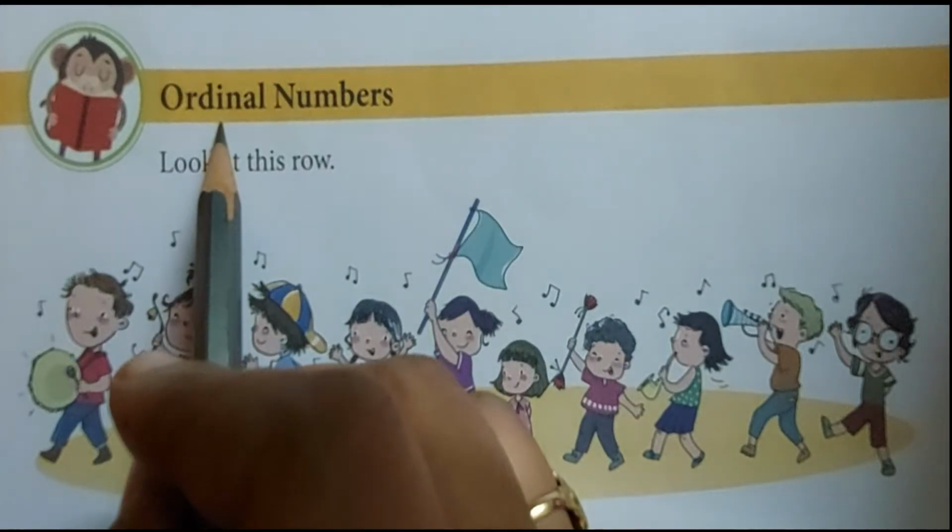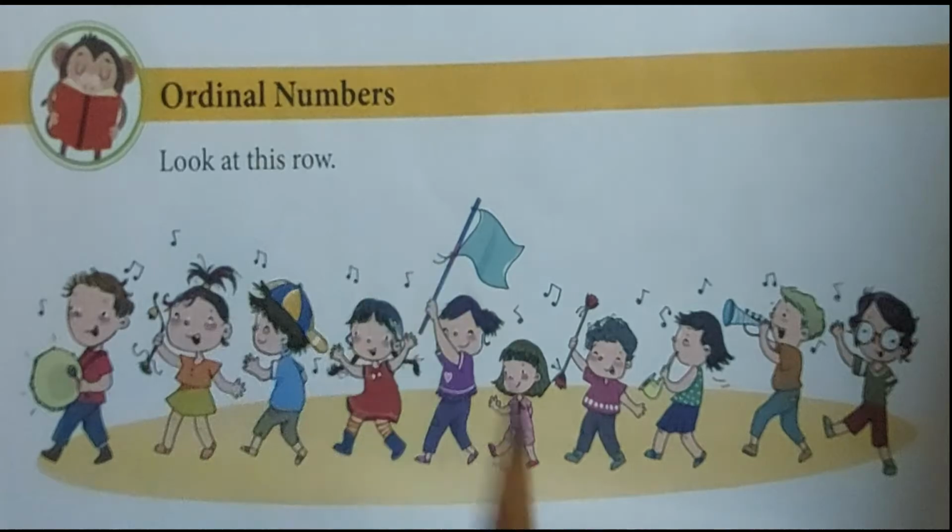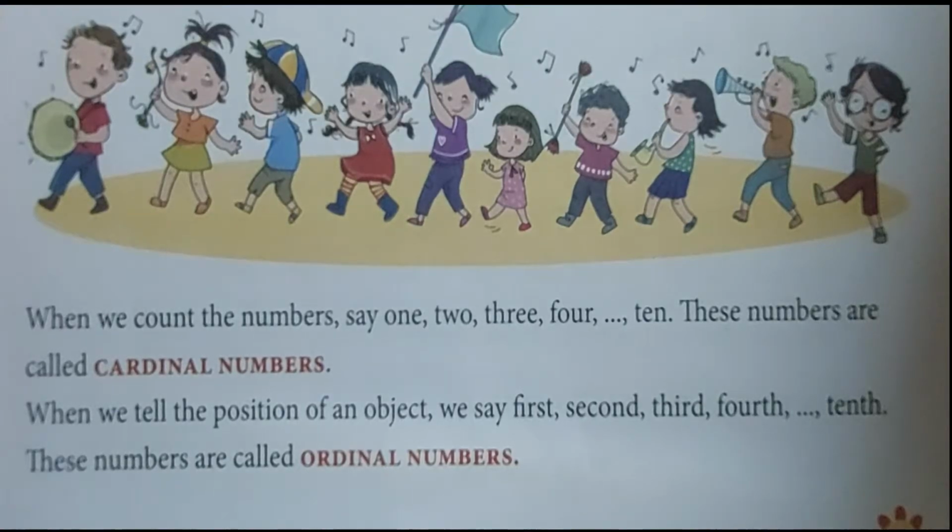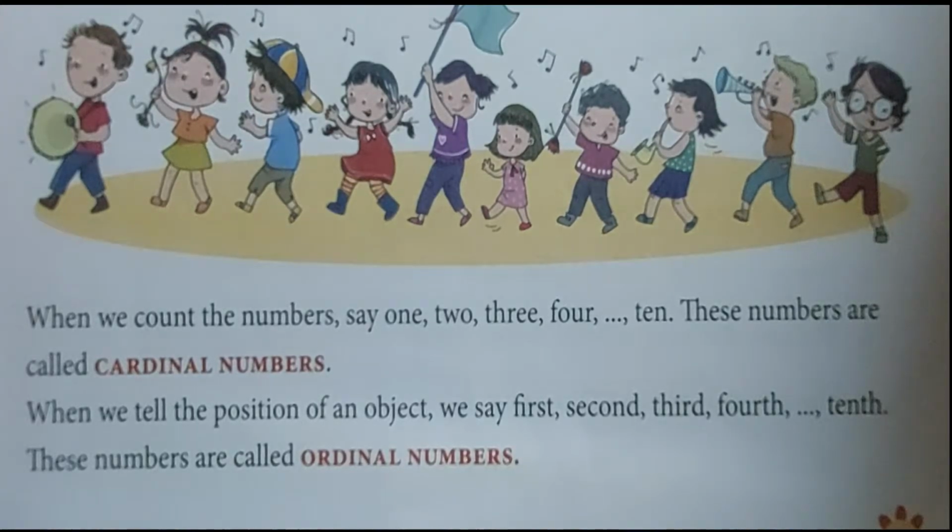Read the heading Ordinal numbers. We have already learned about ordinal and cardinal numbers. What are cardinal numbers? The numbers which we use for counting are called cardinal numbers. Example 1, 2, 3, 4, 5, 6 and so on.